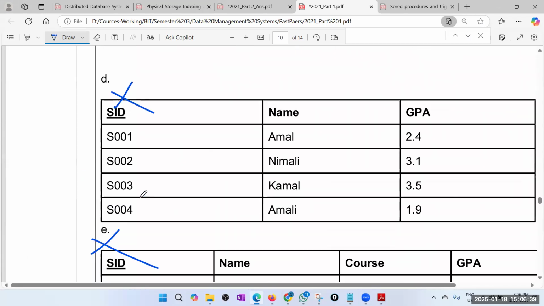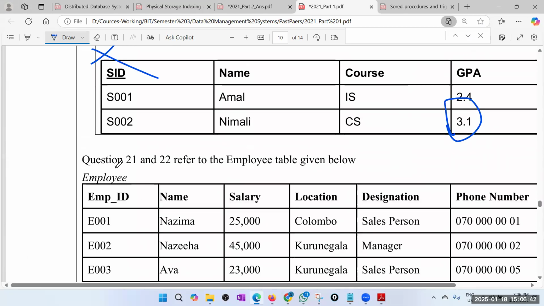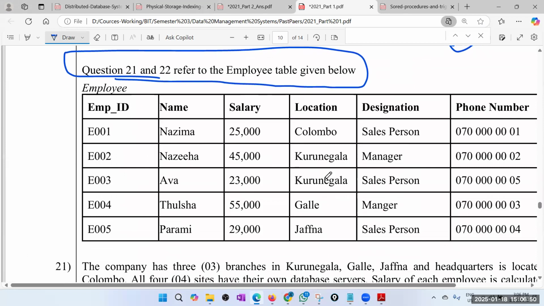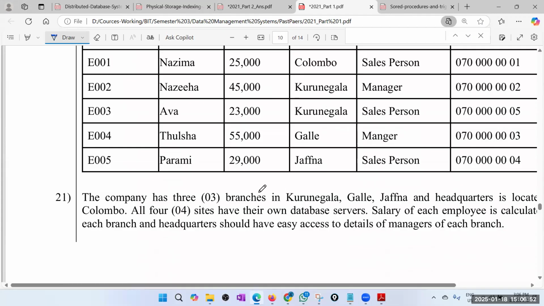At 21 and 22 refer to the employee table given below. Okay. MID, name, salary, location, designation, phone number. The company has 3 branches, Kurunegala, Galle, Jaffna, and headquarters located in Colombo. That means all 4 sites. All 4 sites have their own database servers.